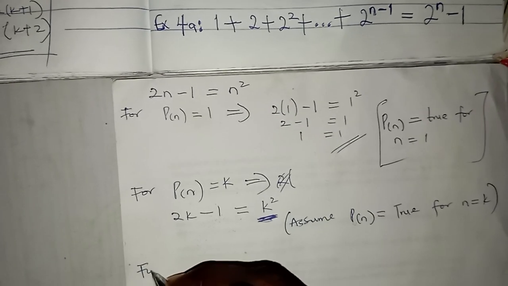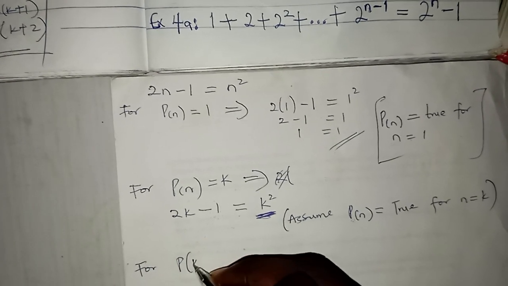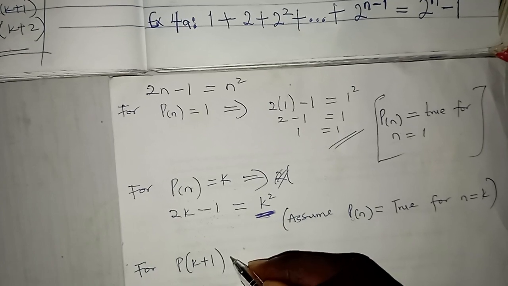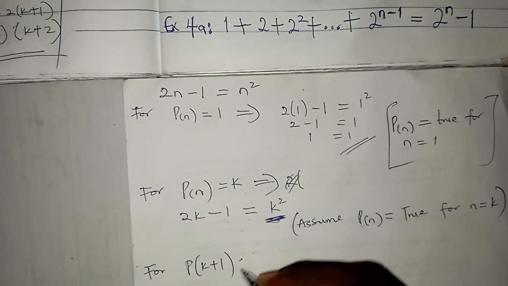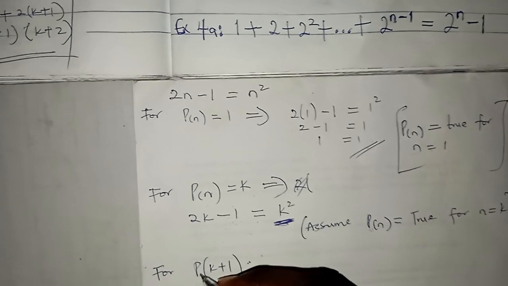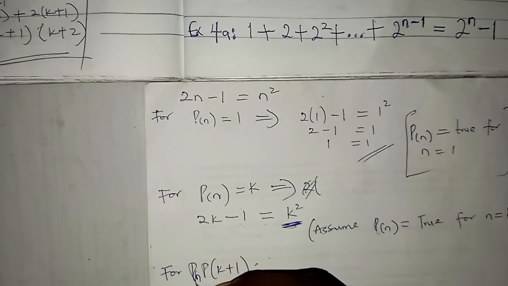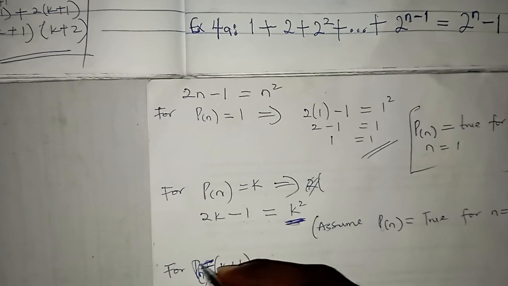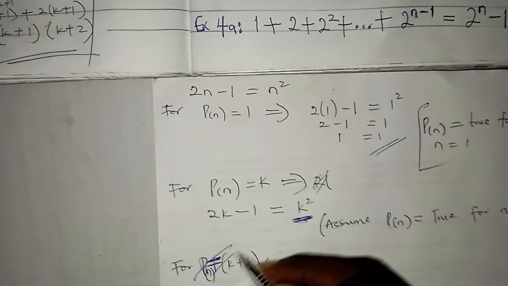So for P of k plus 1, that is for P of n equals to k plus 1. What is this one now?